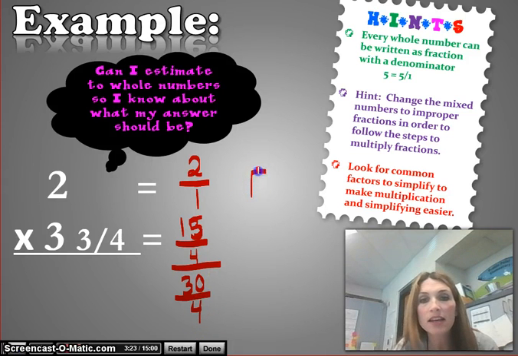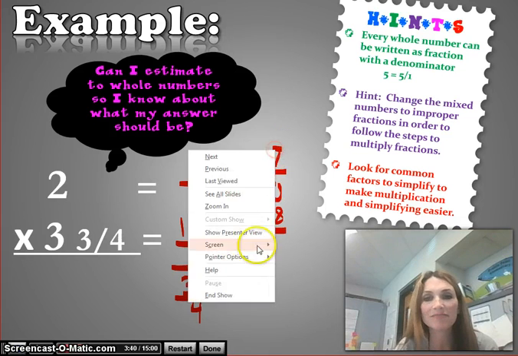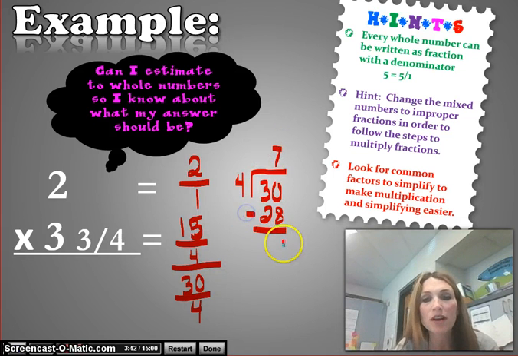So how I do that is I put my numerator right here, my denominator goes here, and then I'm going to divide. 4 will go into 30 7 times. I'm going to subtract, and now the 2 comes up here.